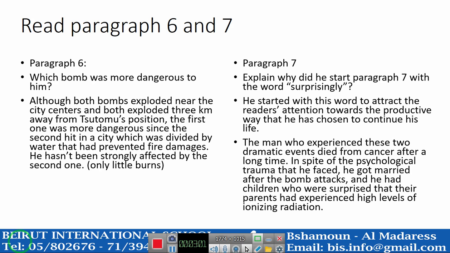So just imagine, the man had experienced the first nuclear bomb and then the second nuclear bomb, and at the end he died by something else, by stomach cancer. In spite of the psychological trauma that he faced, he got married after the bomb attacks, and he had children who were surprised that their parents had experienced high levels of ionizing radiation.